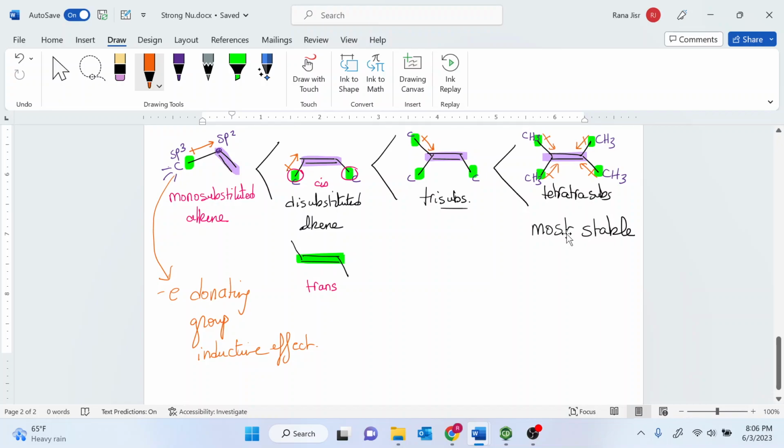So whenever you have a higher degree of substitution of the alkene that you might form, that is going to be the most stable product. And we're going to call this the Zaitsev product. So the Zaitsev product is the most substituted alkene that you can form.